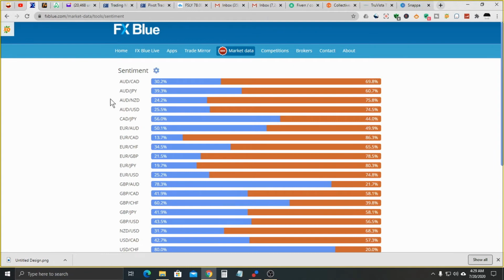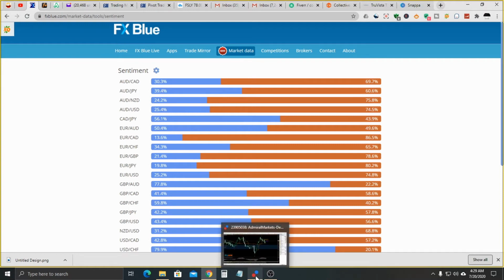Over here on FX Blue, it says 24% and 75%. This 24% is long and 75% is short. So this is a contrarian indicator, and with this indicator I am looking to go long.